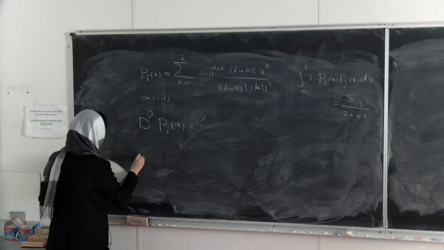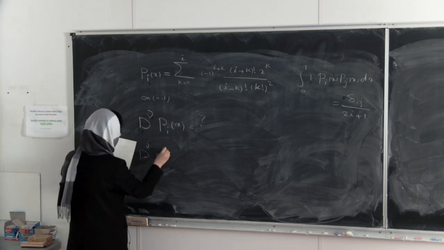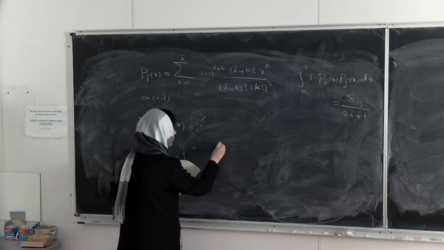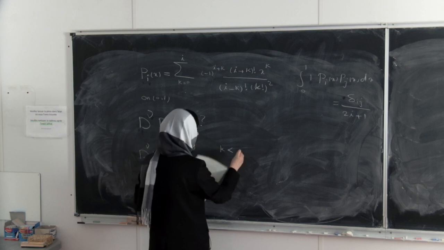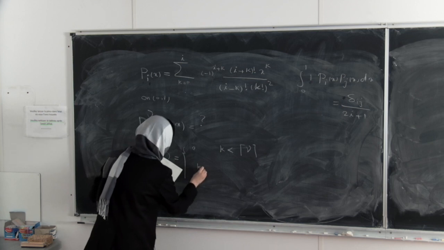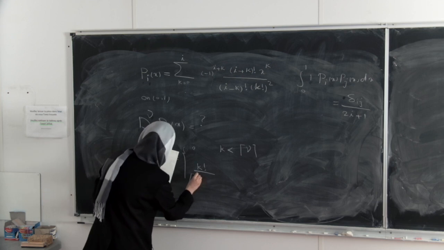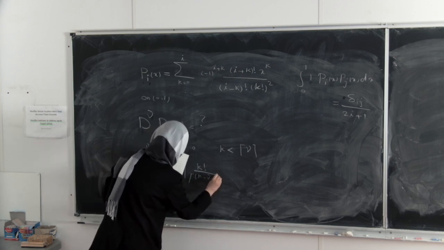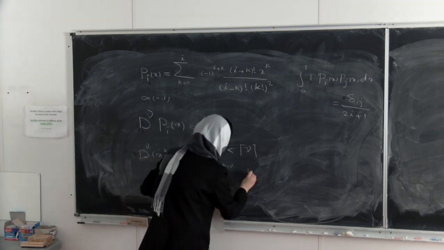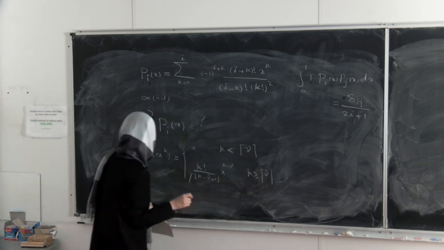We have this: D to the nu of x to the k, which we proved, equals 0 for k less than the ceiling of nu, and k factorial over gamma of k minus nu plus 1 times x to the k minus nu for k bigger than or equal to the ceiling of nu.